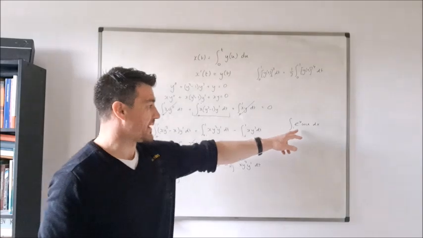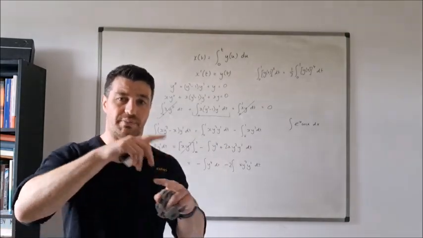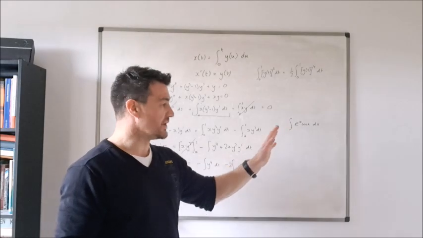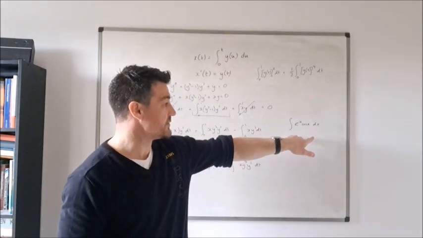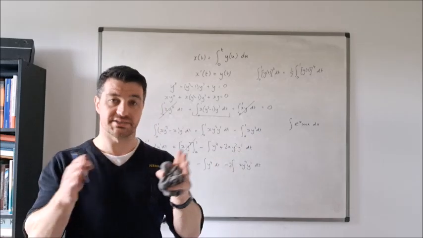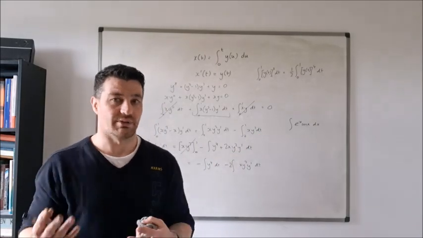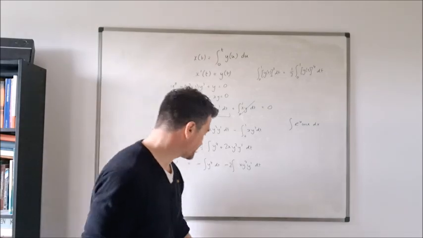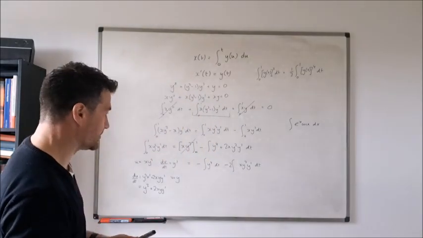Use integration by parts twice, and you seem to get back to this. But what you can do is effectively add this to both sides, and it works out in the end. You haven't quite gone in a full circle.